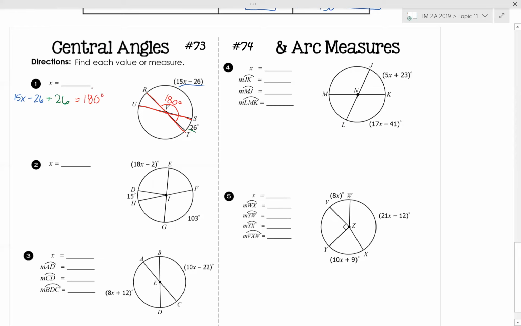Okay. So I'm going to solve this for x. The question is just asking for x. So once we do that, we're done. So if I combine like terms, 15x minus 26 plus 26, those are going to cancel so that we just have 15x equals 180.